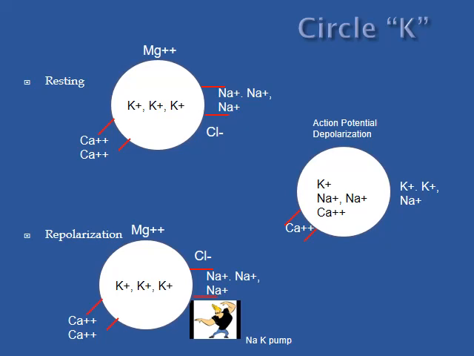Then we depolarize. Sodium goes in and potassium goes out. And the signal moves on down the line. The sodium-potassium pump kicks in to put everybody back in place. Sodium shifted back outside the cell. Potassium's shifted back inside the cell. And we're ready to do it all again.